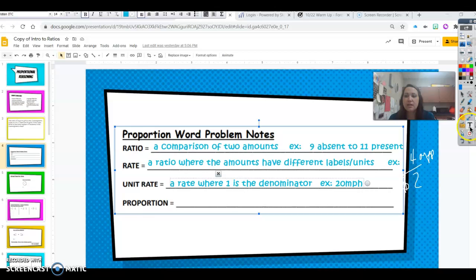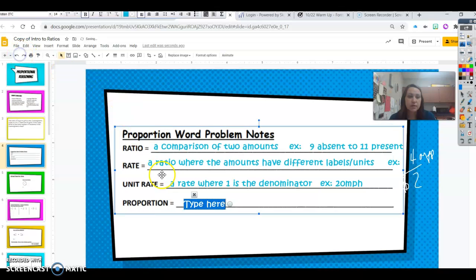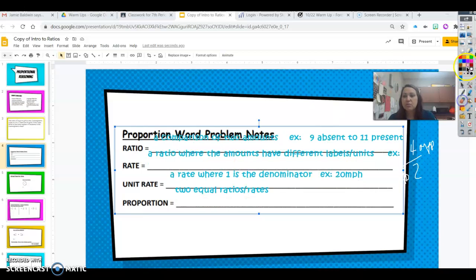And then the last thing here is a proportion. Okay, a proportion is 2 equal ratios or rates. Okay, and I'm going to use my pen tool for this.